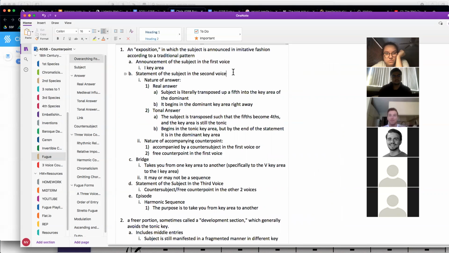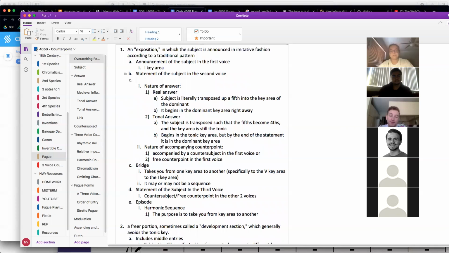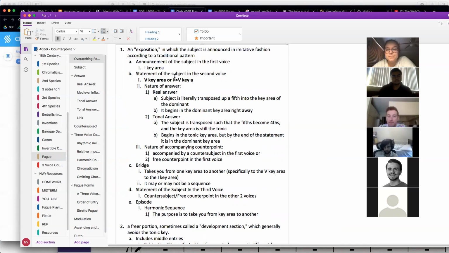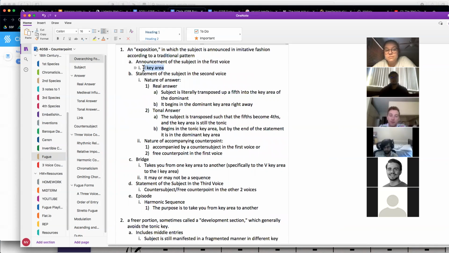Statement of subject in second voice, and this is in the 5 key area, right? Or 1 to 5 key area. Right. Let me actually make this a little clearer by doing this.